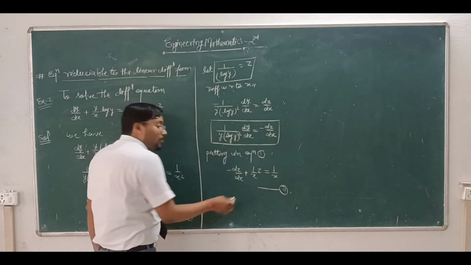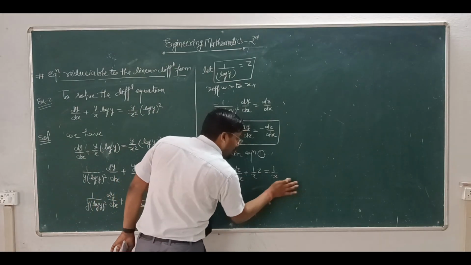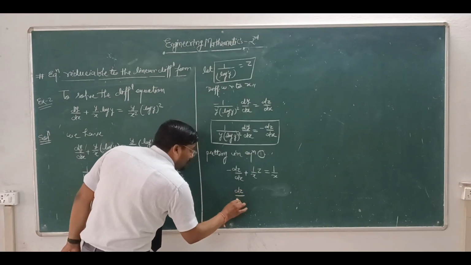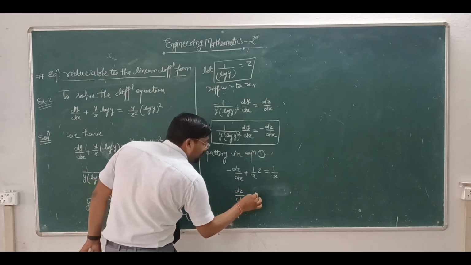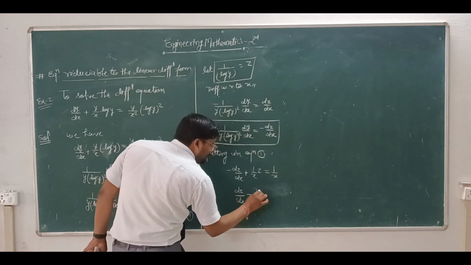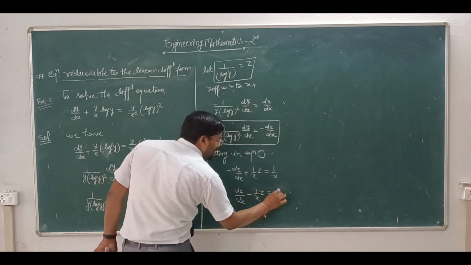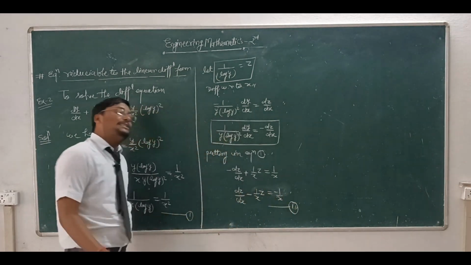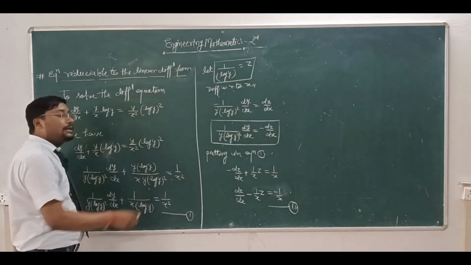This is a linear differential equation. Now you can write dz/dx - (1/x) z = -1/x². This is equation number second. This equation is in linear differential form.